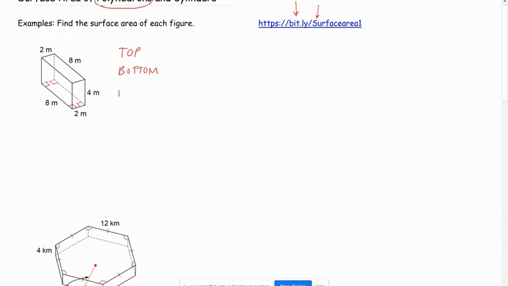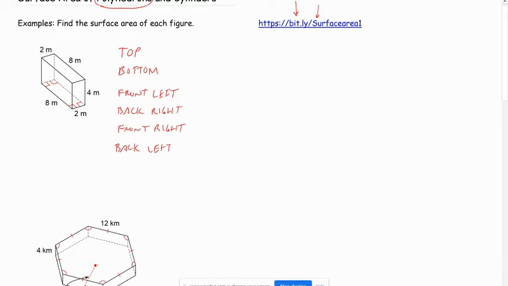We'll call them the front left, the back right, the front right, and the back left. So those are our 6 faces.